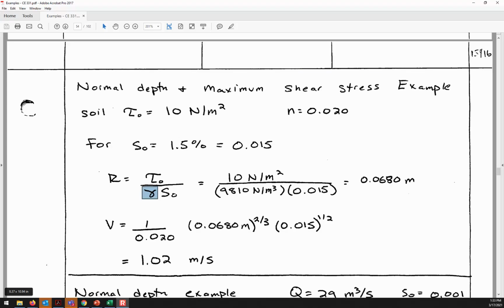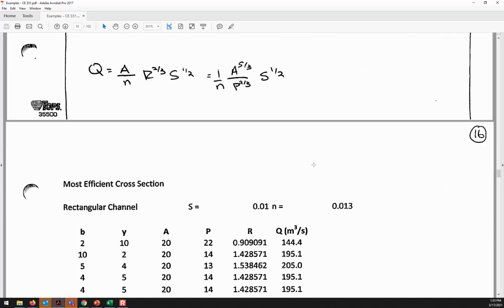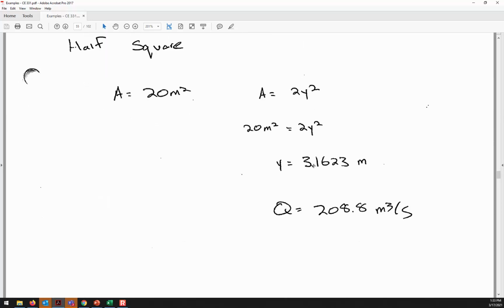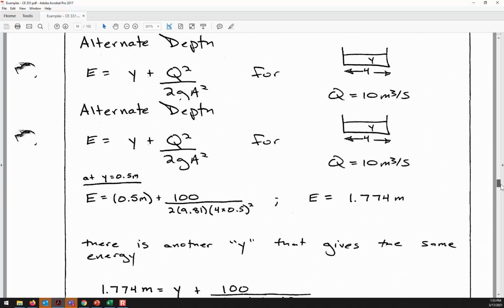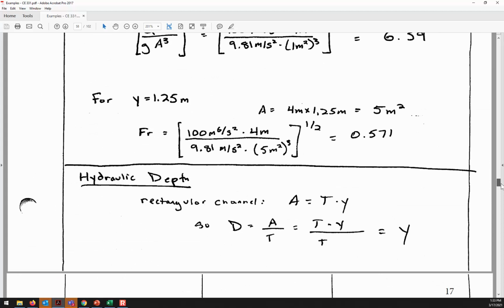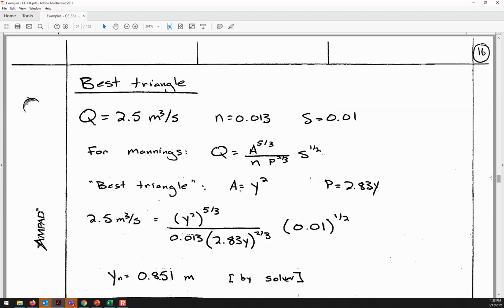And let me just show you, rather than having you crunch the numbers on these. Best triangle. Here we go. So we substitute into Manning's equation our geometric parameters as a function of the depth.